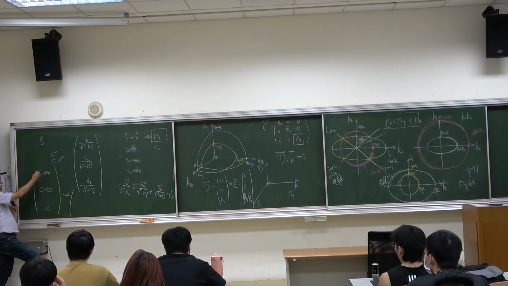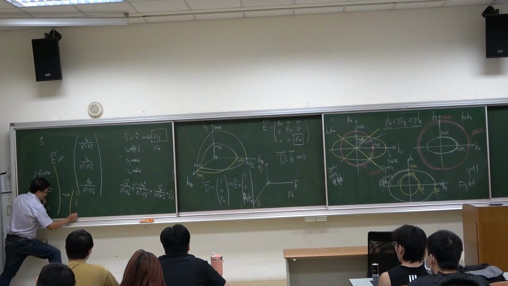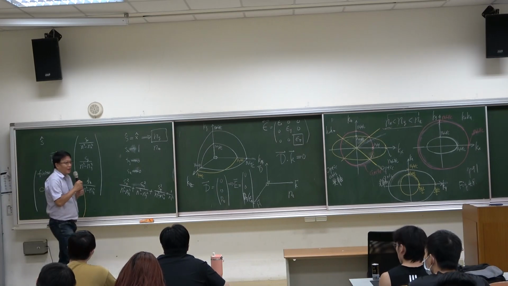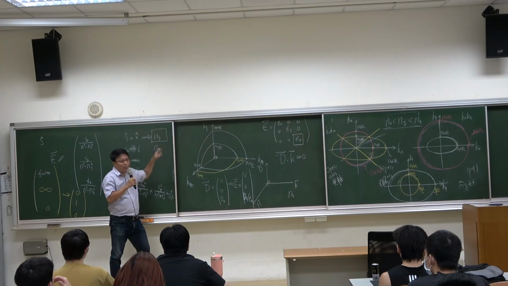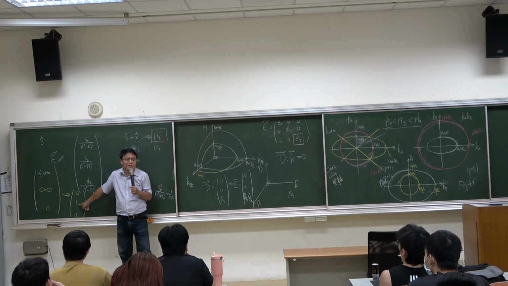We can divide the result by infinity and get 0, 1, 0. So this means that when n is equal to my, we have the polarization along the y direction.